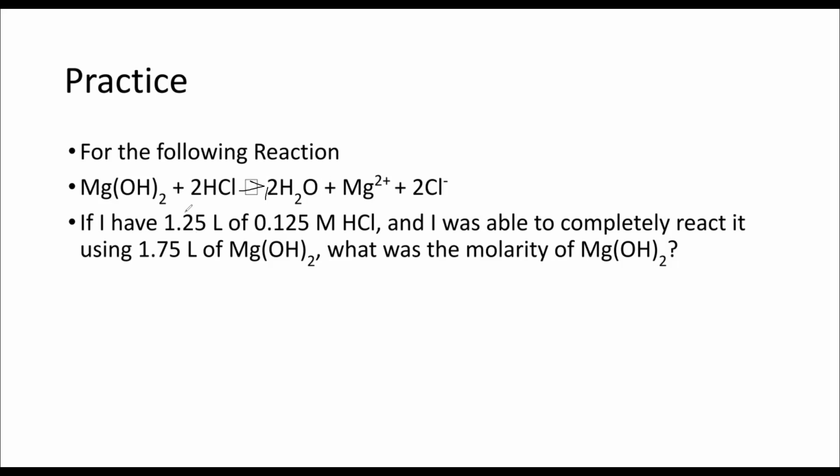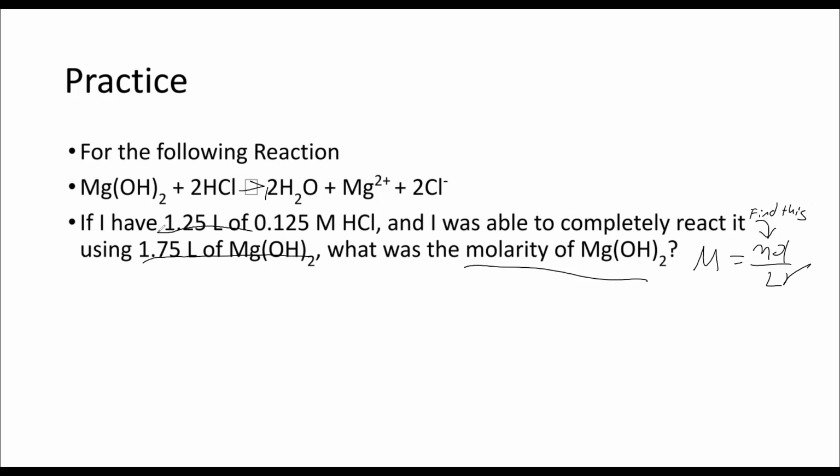All right, so I have 1.25 liters of 0.125 molar HCl. It reacts with 1.75 liters of magnesium hydroxide. What's the molarity? So my final answer should be molar MgOH2. Remember that's moles divided by liters. So I have liters of MgOH2, and I need to find moles of MgOH2.